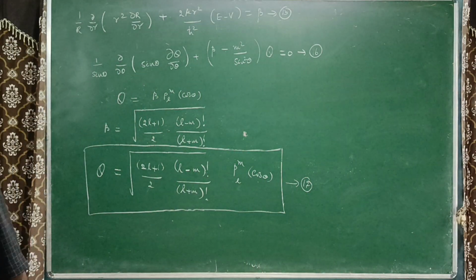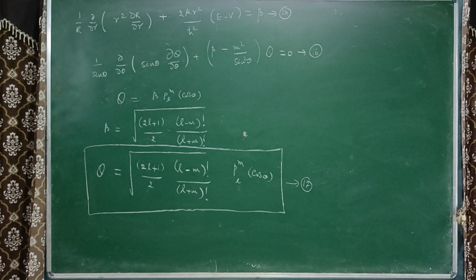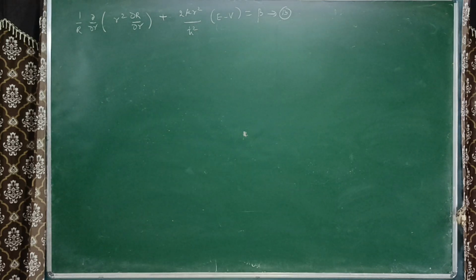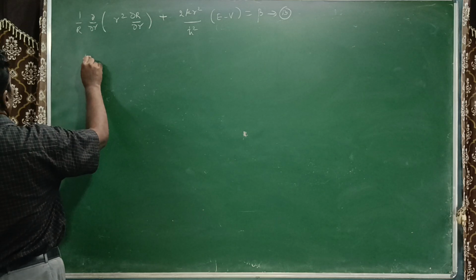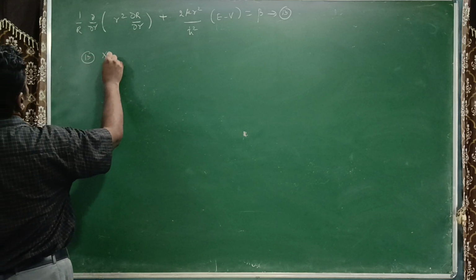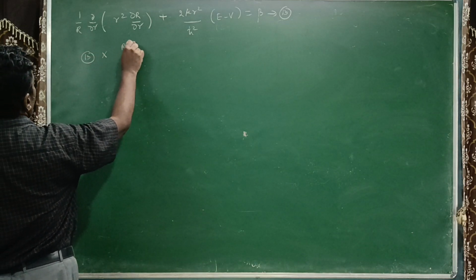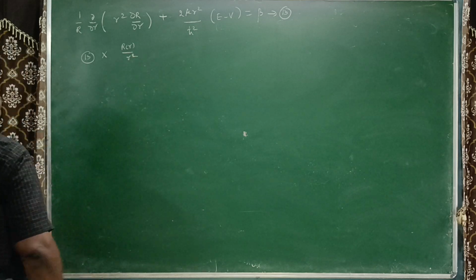Now we have to get our r equation. To get our R equation, multiply equation 13 by R of r by r square.